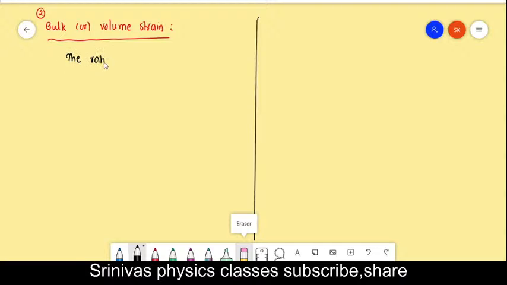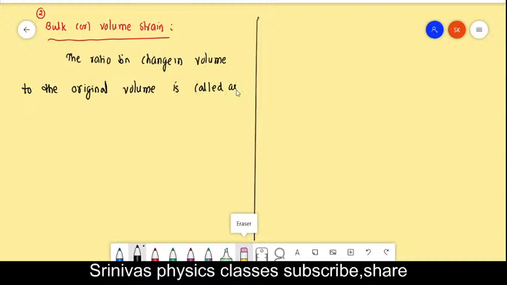The ratio between change in volume to the original value is called bulk or volume strain.